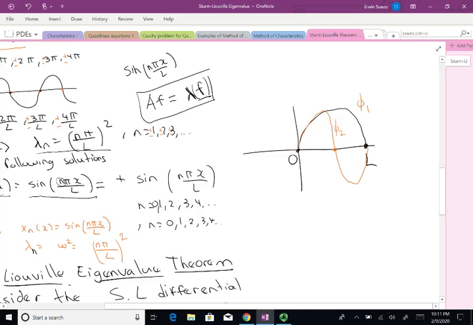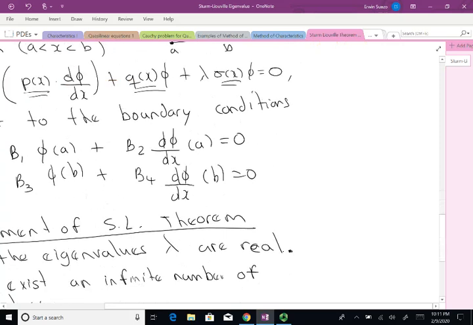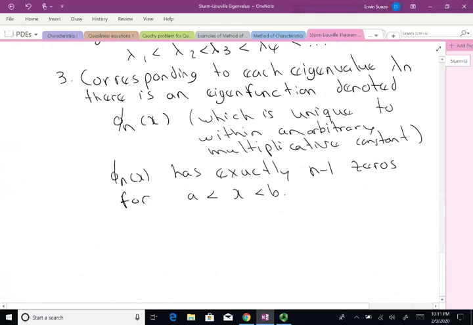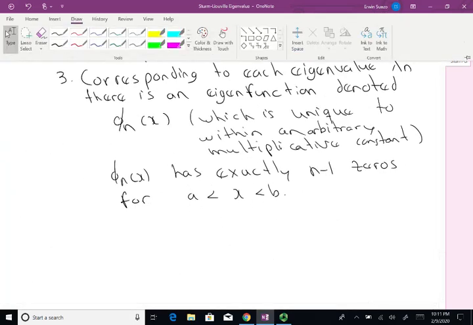Then the next one is going to have 2 zeros, so my next one is going to look like this. That's phi3, and so on. So you see, that's your basis. It even tells you the zeros. It's amazing. This theorem is amazing.